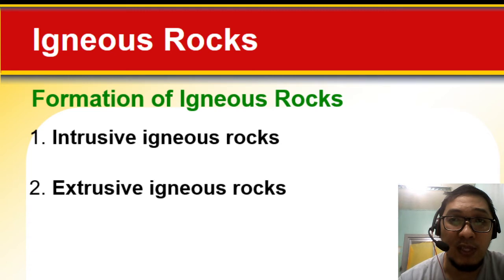Intrusive rocks are those wherein the magma, like the one I mentioned before, hardens beneath the Earth's surface. So that's intrusive, inside. Extrusive, on the other hand, are rocks formed when lava hardens. So that's EX, outside. IN, inside. EX, like exit, outside. Is that clear?